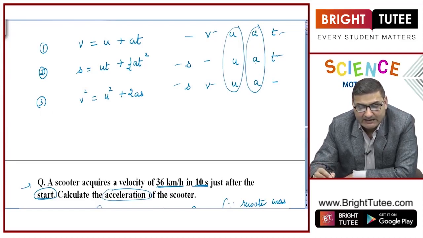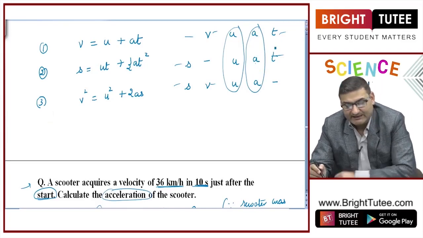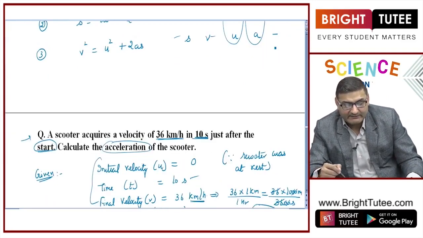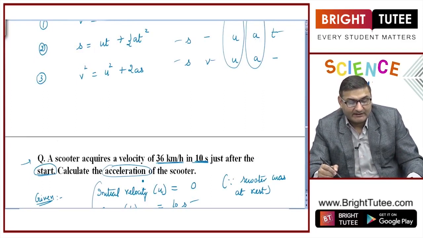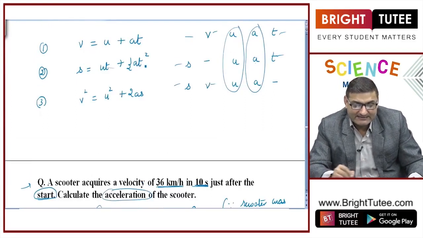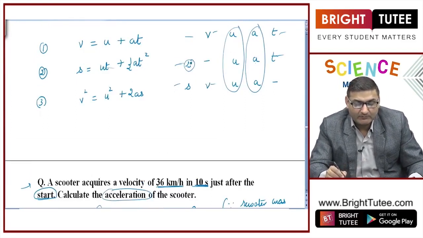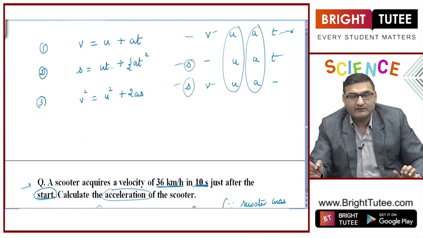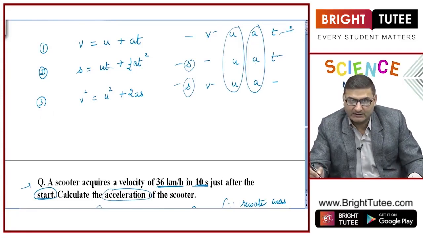Now, acceleration I can calculate from all the three equations of motion, but if I relate my question, I am only given U, V and T. So, if I try to calculate it with the second or third, I won't be able to, because S needs to be known, which I am not provided with. So, I will go for the first equation of motion, right.